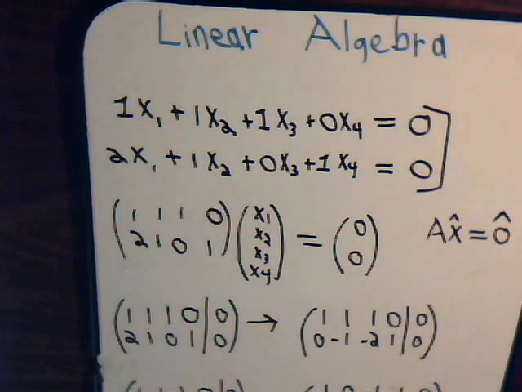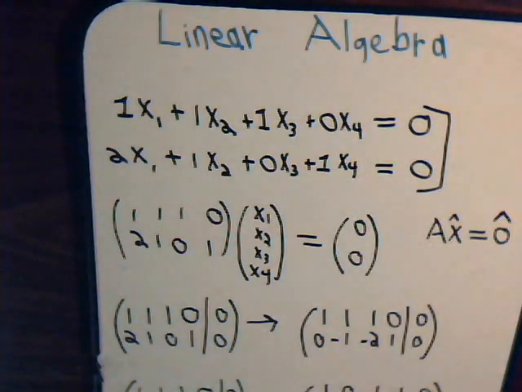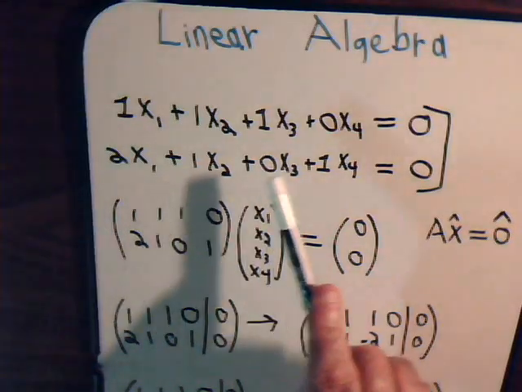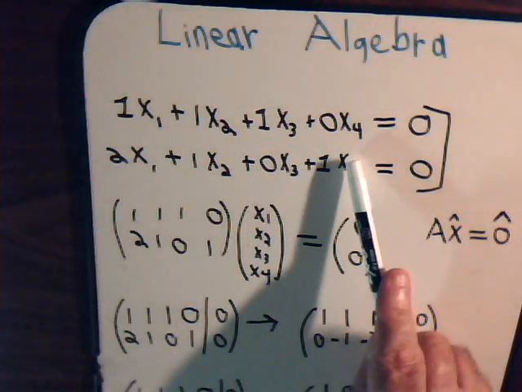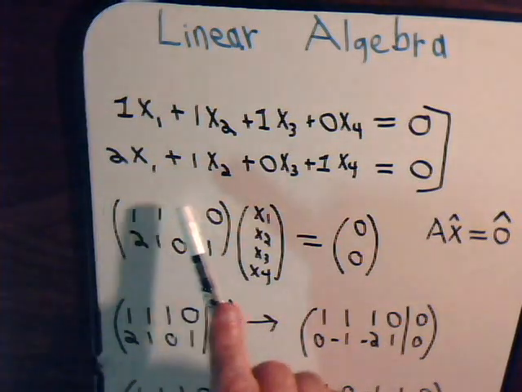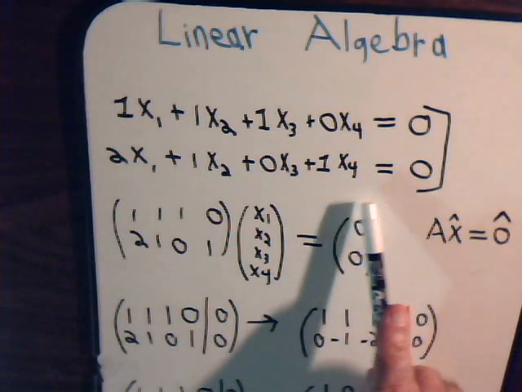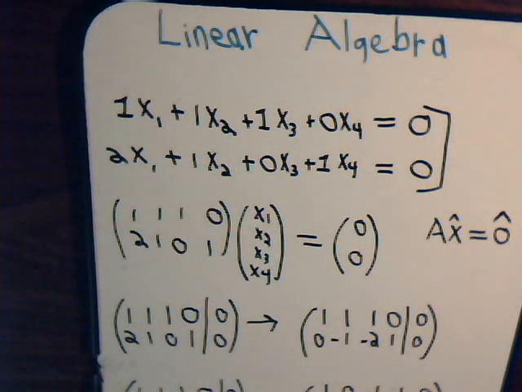In this video we're going to discuss the null space. Suppose that we have two equations like this. We have x1 plus x2 plus x3 plus 0x4 equals 0, and 2x1 plus x2 plus 0x3 plus 1 times x4 equals 0.